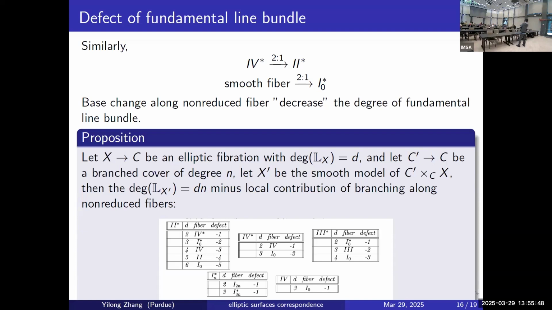And that's assuming that you are looking at general base points. But suppose your base point is in special positions, and you have to somehow subtract some local contribution, which we call the defect. And this is precisely related to the semi-stable reduction of these arithmetic genus one curves.